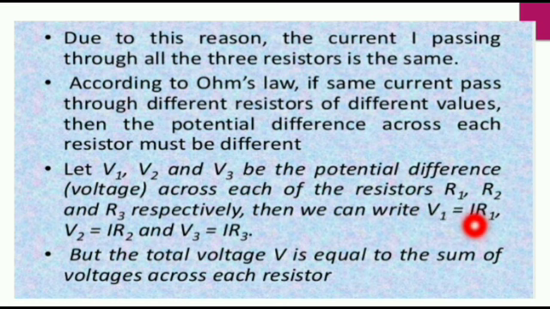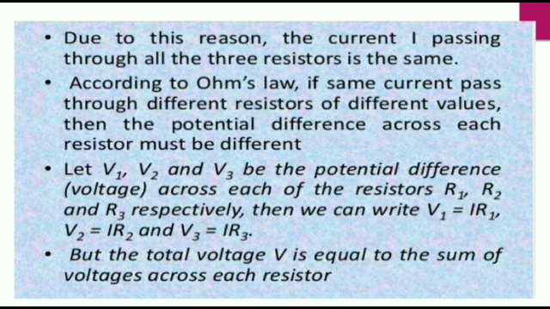I is the common current; the current is the same. Similarly, the voltage drop across the R2 resistor, their current is I. Therefore, V2 is equal to I into R2. The same way, V3 is equal to I into R3, the third resistor. V3 is nothing but the voltage across the third resistor.